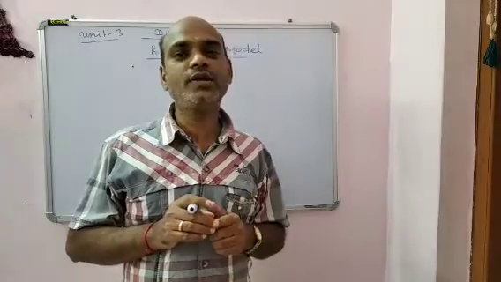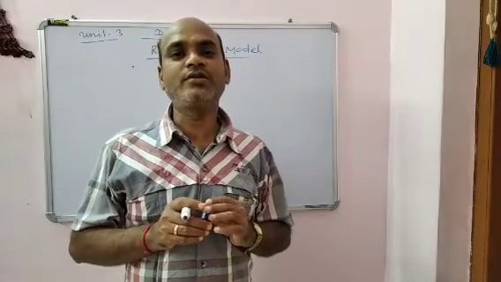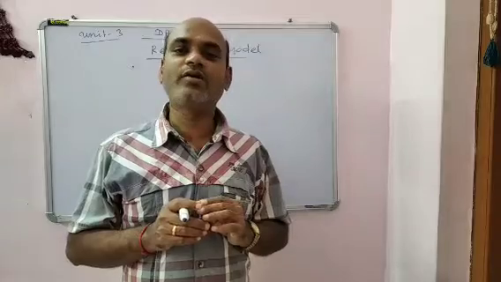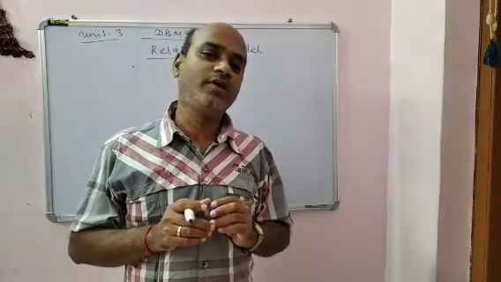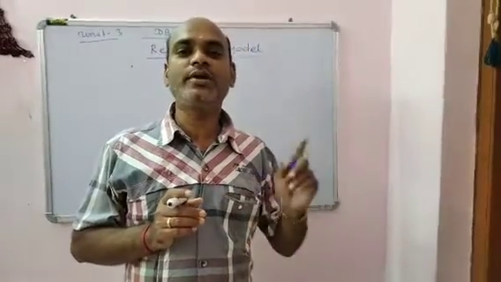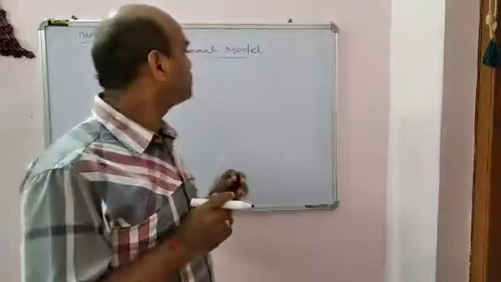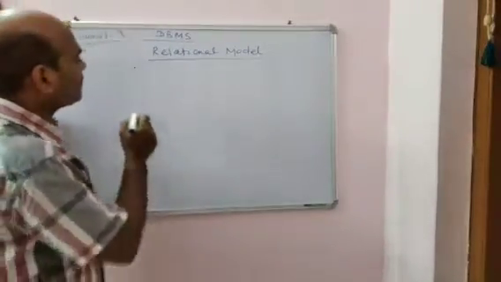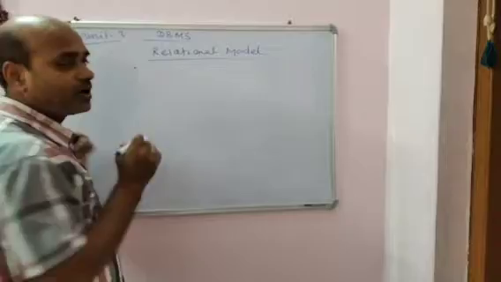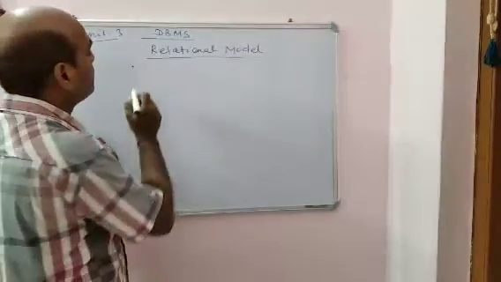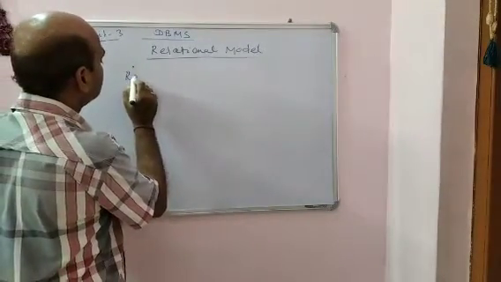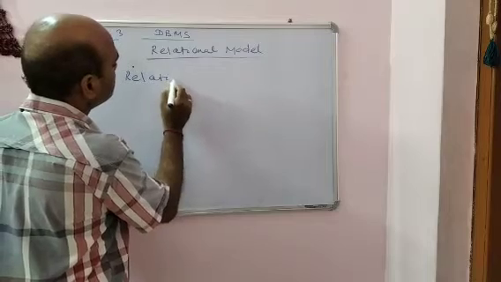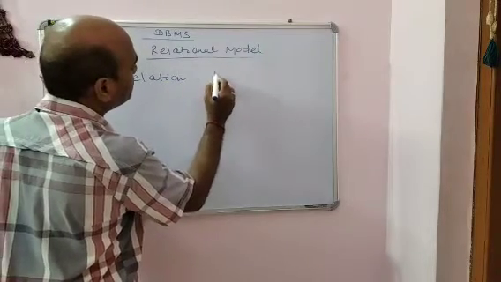A row in a database table is called a tuple, and a column in a relational table is the attribute. In the relational model, we take an example: a relation whose name is person.